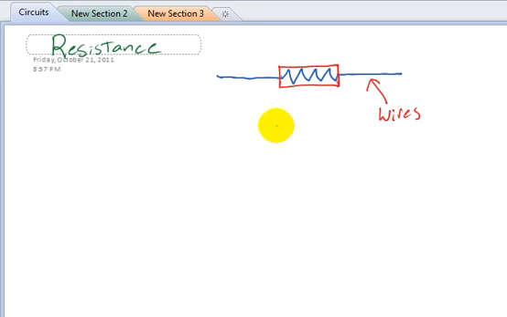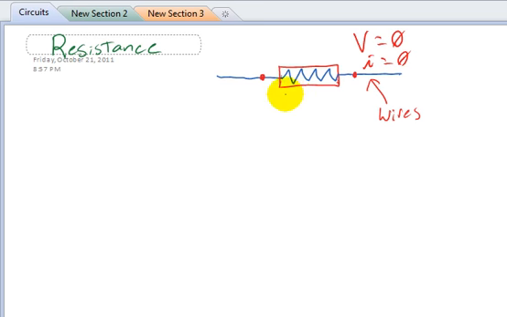And for a resistor, the voltage drop across it, let's say if you were to place a voltmeter on these two red beads, the voltage drop across it, I'm going to call it V, will equal 0 if the current across it is equal to 0.